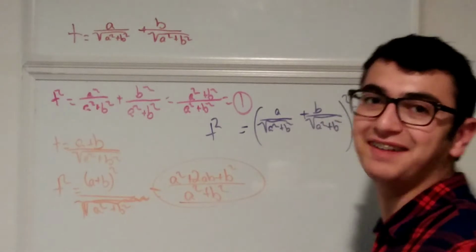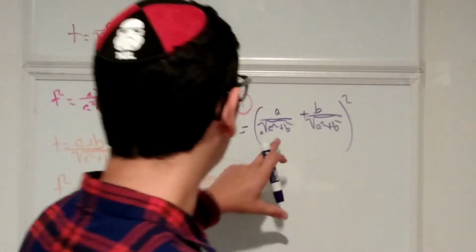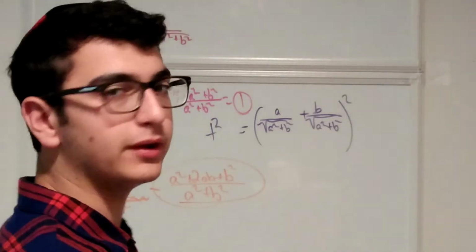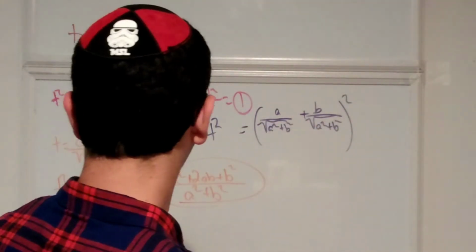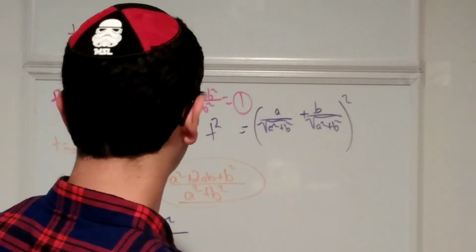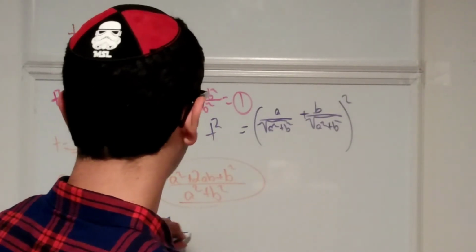I actually haven't worked it out. I'm going to assume it's equal to this. We can work it out right now. So it's going to be a squared plus 2ab plus b squared. So a squared is going to be a squared over a squared plus b squared.